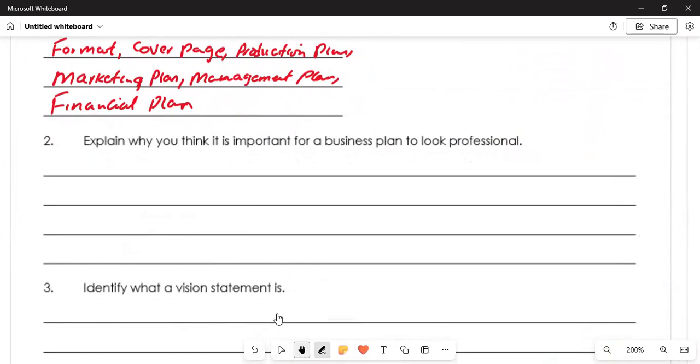Now let's move on to question 2 under question 3. Explain why you think it is important for a business plan to look professional. A business plan represents everything that your business is about.